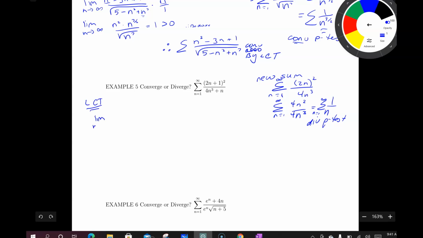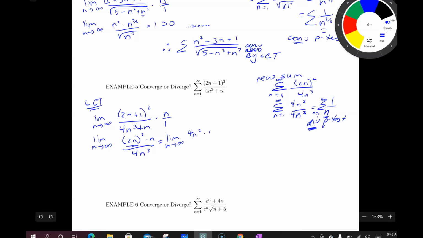Okay, so now I'm ready to do my limit comparison test. My limit comparison test is the limit as n goes to infinity of the original guy, multiplied by the reciprocal of the one I know what it does, so multiplied times n over 1. Taking highest powers from the numerator and from the denominator, I can take an extra step and multiply this out so you really clearly see it.